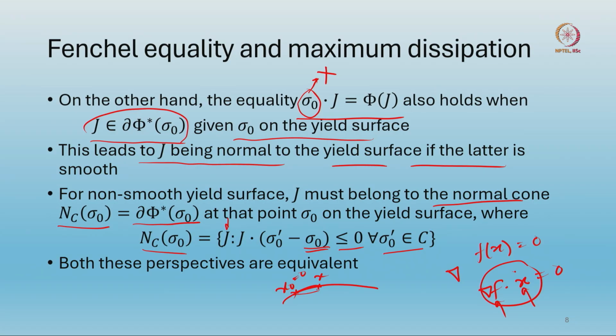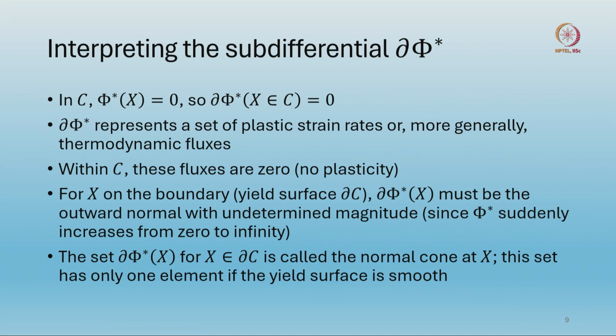So, this is the set of all these possible elements of the subdifferential. Both perspectives, j belonging to del phi star of sigma 0 or sigma 0 belonging to del phi of j, are equivalent. So, this is exactly what we have been doing.